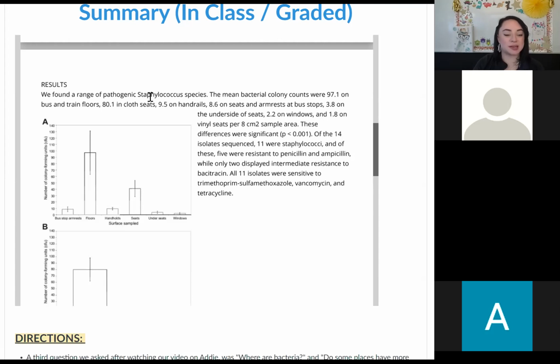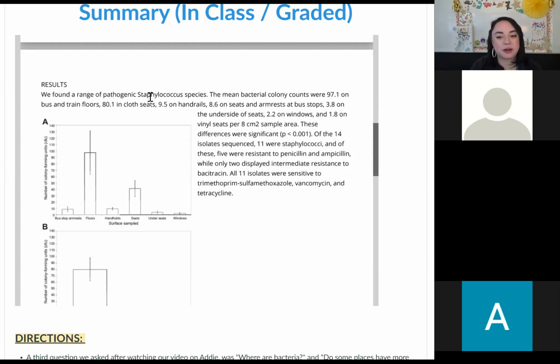Good, Bryce. It causes disease. So they're saying they found a range of Staphylococcus bacteria that were not good bacteria. They're not the kind that help us and keep us healthy. They're the kind that make us sick, okay?